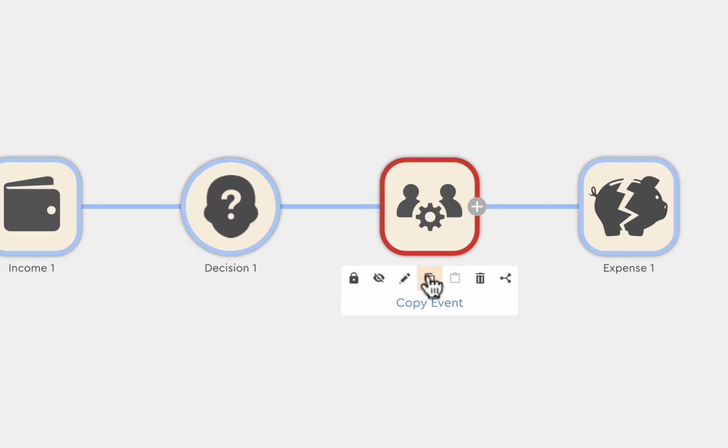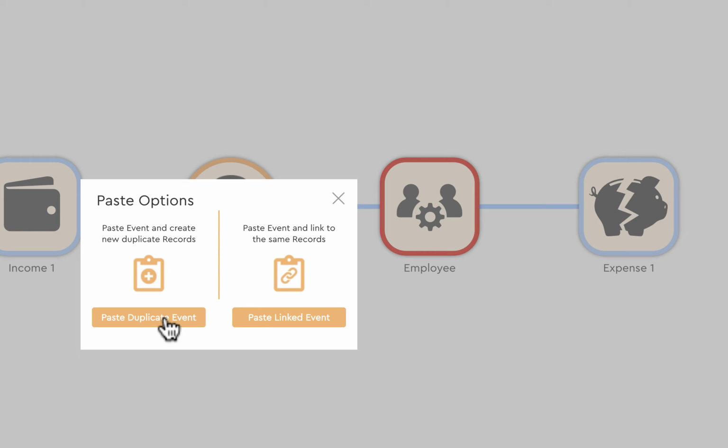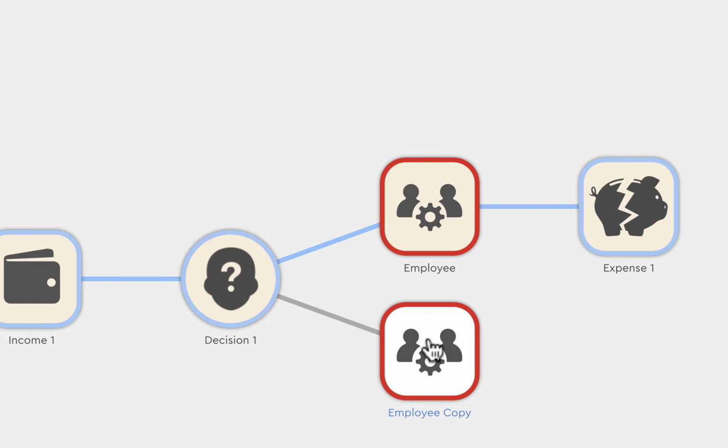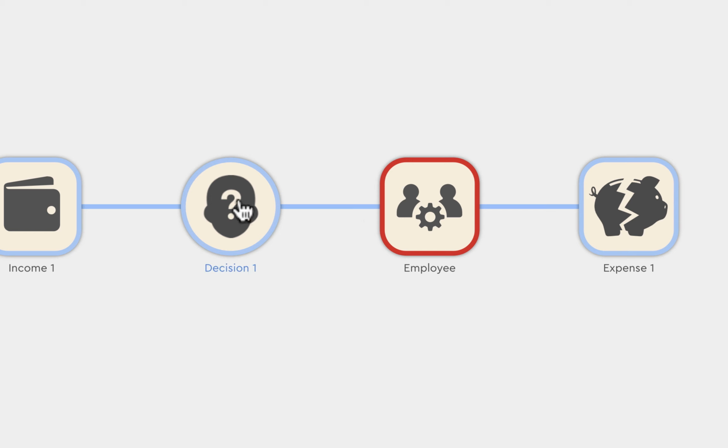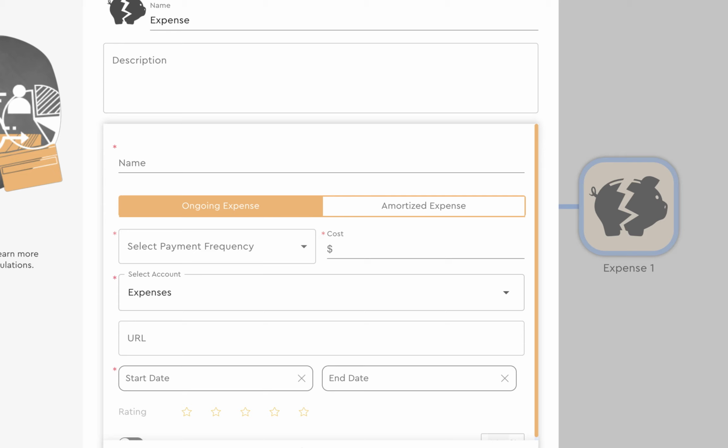I'm going to copy the event, click on the event that I want to append and branch from, and click paste, use the paste duplicate event here, and now I have a second branch. So that's one way of creating an alternate scenario. Or I could have used the standard menu here, clicked the branch and event button, and added an employee or a revenue or an expense event from this menu.